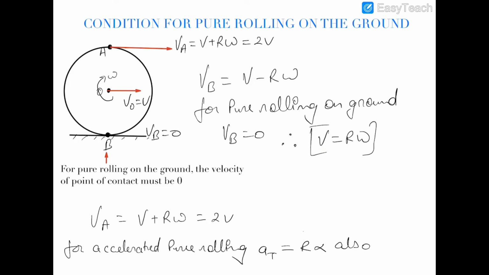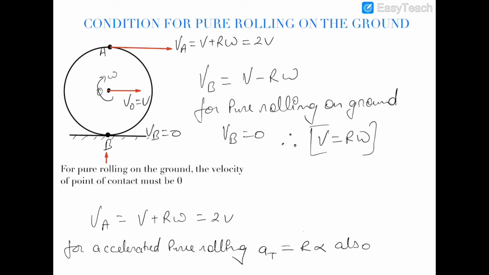And for accelerated pure rolling, now if we suppose that the center is moving with an acceleration of a, and this system is rotating about the center with an angular acceleration of alpha, then for accelerated pure rolling, it is necessary that v should be equal to r omega at any instant, as well as the tangential acceleration a should be equal to r alpha at any instant.